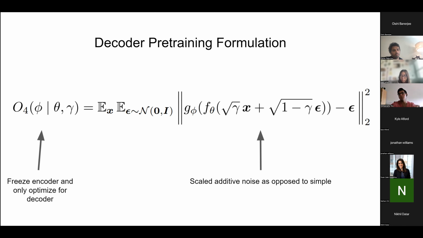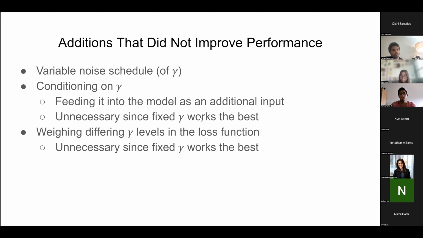And then I should also note that they're using the diffusion formulation of this problem where they're predicting the noise vector. So this is their overall objective function for pre-training the decoder. I should note that they did draw upon a lot of things from the denoising literature for this formulation, and they did try things from that literature that did not work.